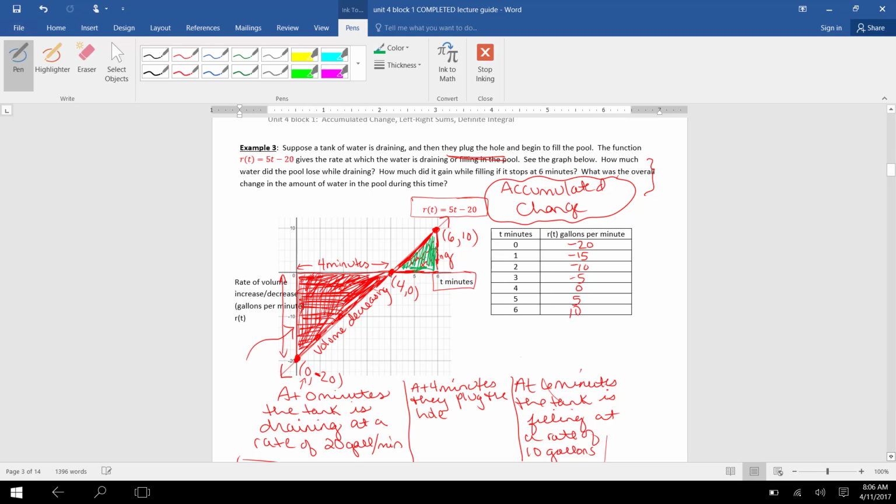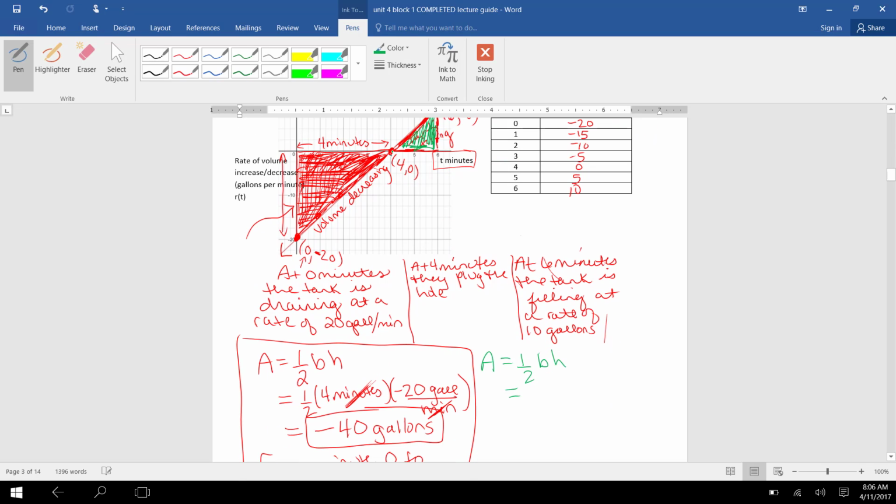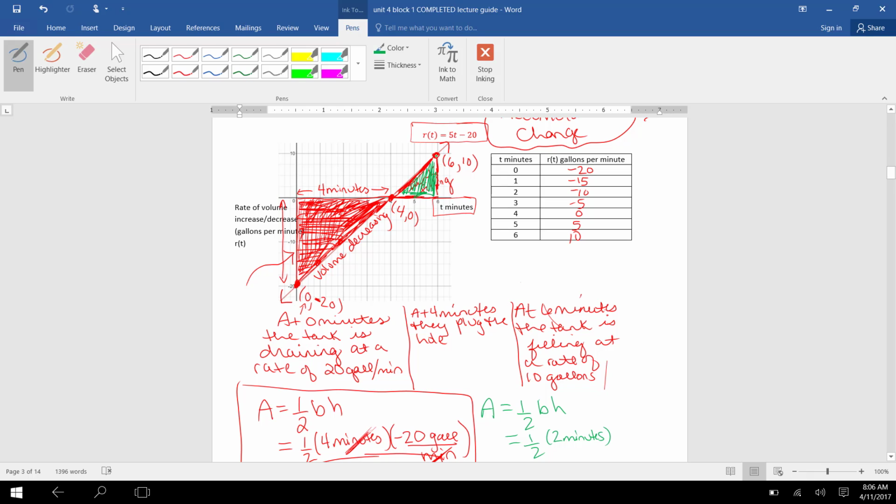So the area there, again, is 1/2 base times height, since it's a triangle. This time, the base of the triangle spans from 4 minutes up to 6 minutes, so the base length is 2 minutes. The height of that triangle goes from the x-axis up to a height of 10, and that 10 is gallons per minute.